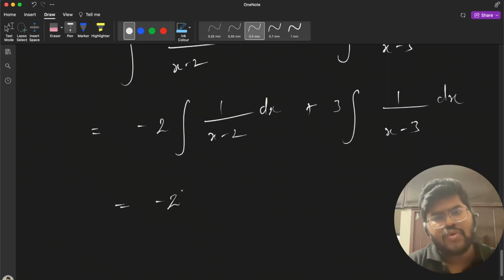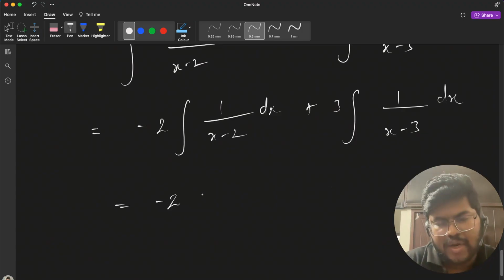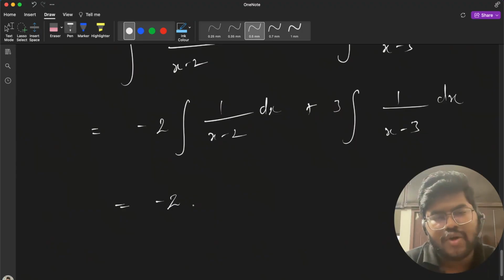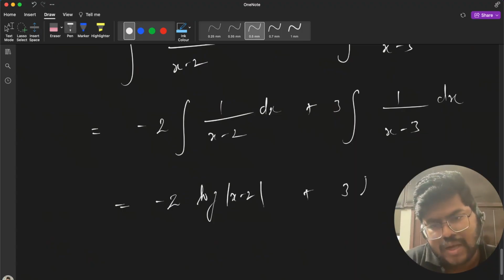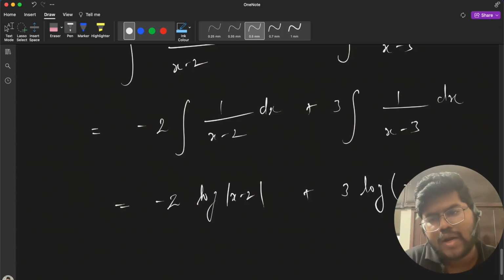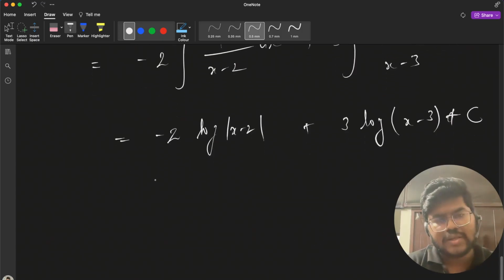Putting x minus 2 as t and x minus 3 as u, we get simple integrals, and by the substitution method, we get minus 2 log of (x minus 2) plus 3 log of (x minus 3) plus c.